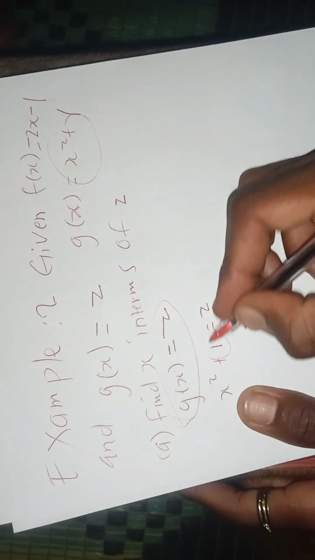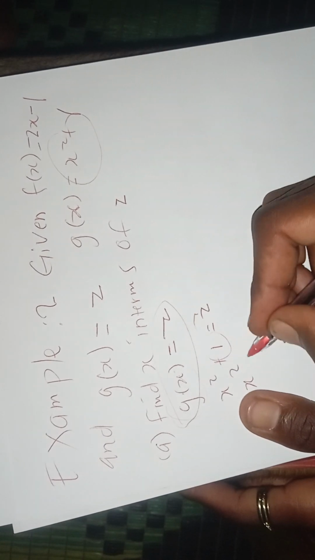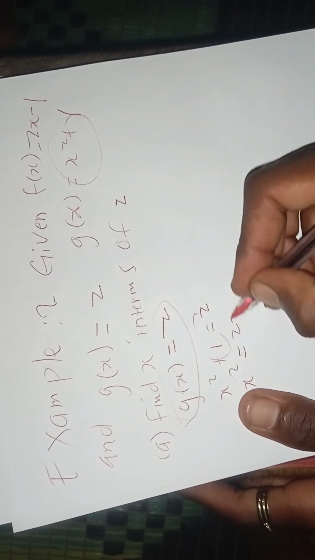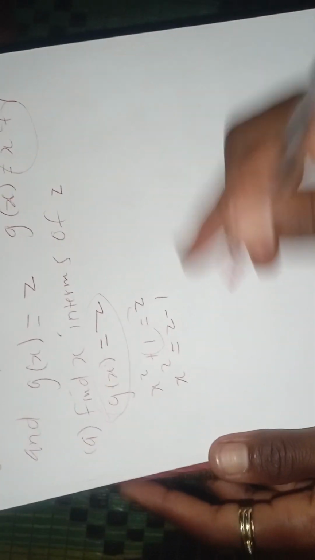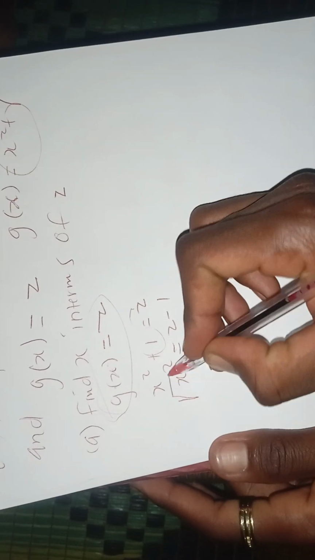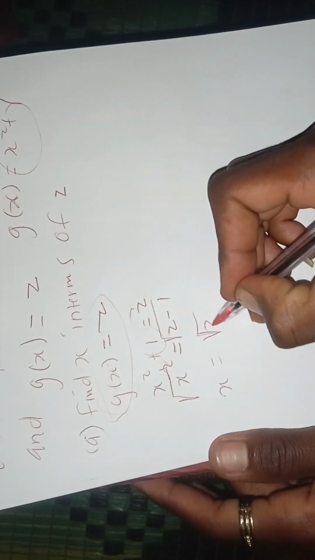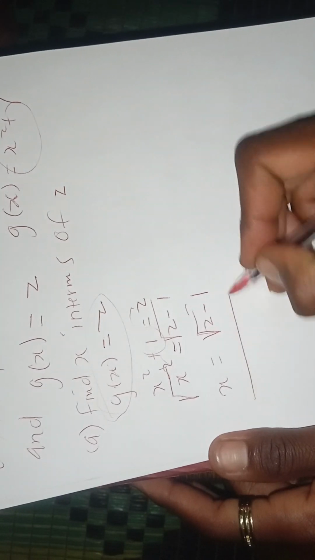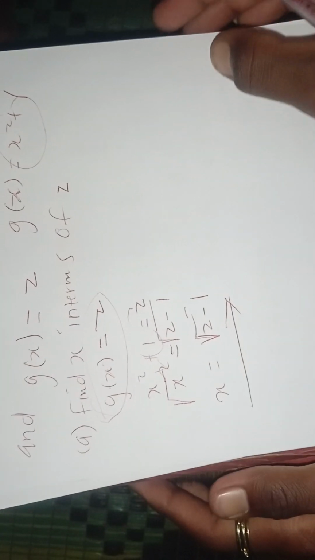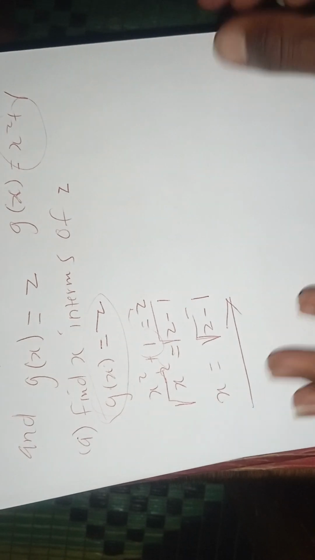Then we take 1 to the other side, which is x squared is equal to z less 1. Then we remove the square by introducing roots on both sides. So this is x is equal to the root of z minus 1. So we have expressed x in terms of z.